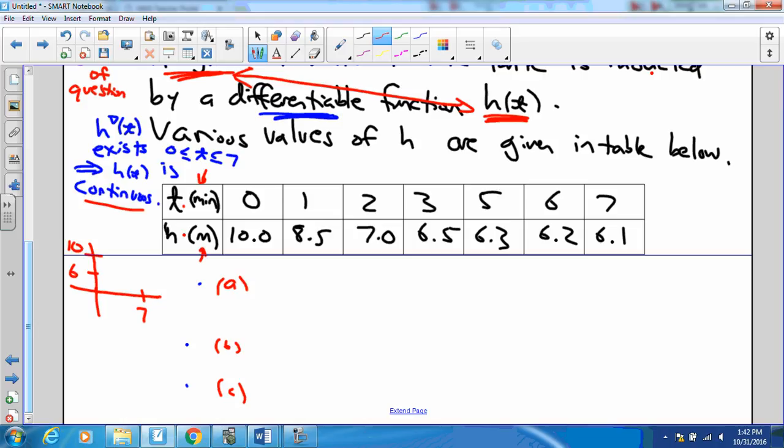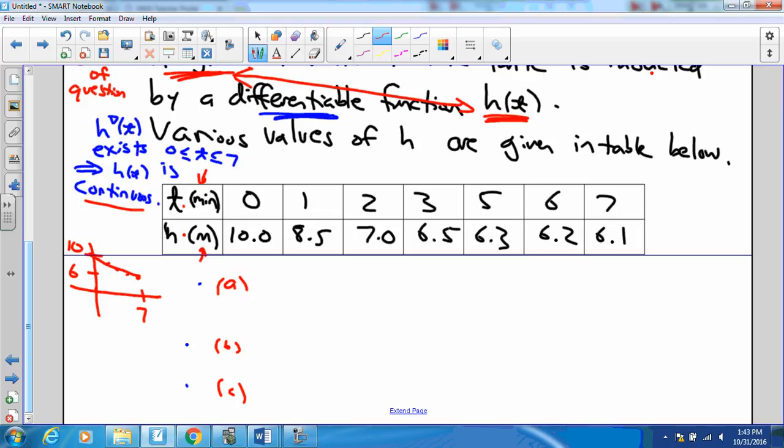So if this is 10, and this is 0, and this is 7, what does it look like? It looks like my curve is headed towards 6, doesn't it? So my curve looks something like this. That's a nice smooth curve interpolation of my data points. But I don't know for sure that my curve looks like that. Does that make sense?